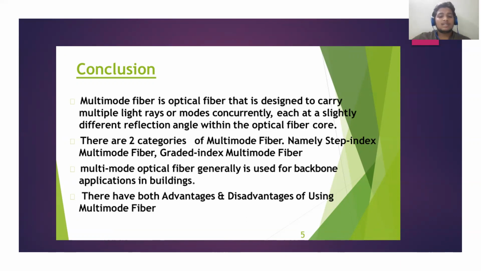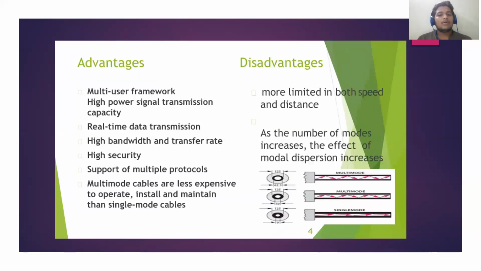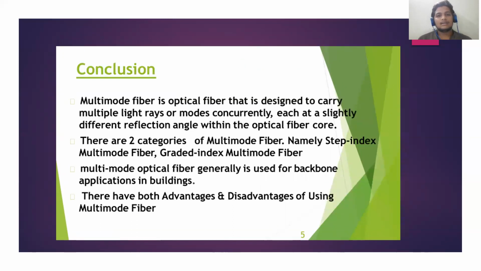Multimode optical fiber is generally used for backbone applications in buildings. These have both advantages and disadvantages, as we have already read. Mostly, the high advantage is high security, and the disadvantage is that as the number of modes increases, the effect of modal dispersion also increases.